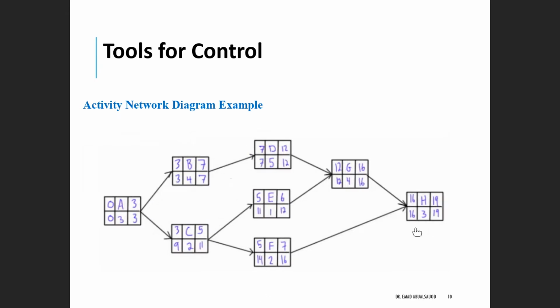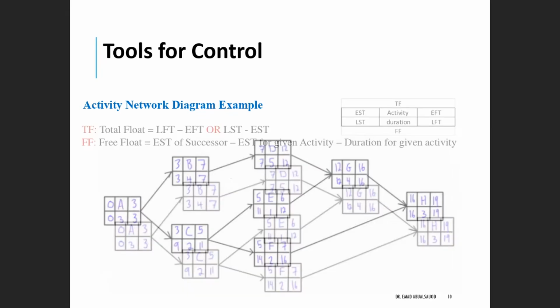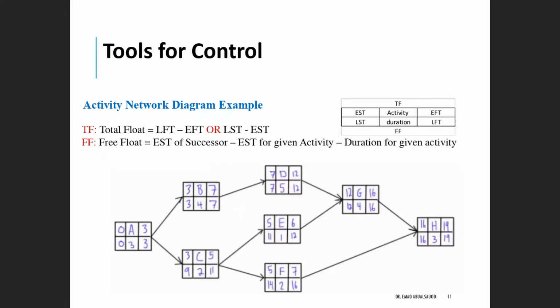After we have done all those, we will have to calculate new variables or new indicators that will help us to proceed and find the critical path. Those two variables are the total float, which is referred to as TF, and the free float, whose abbreviation is FF.